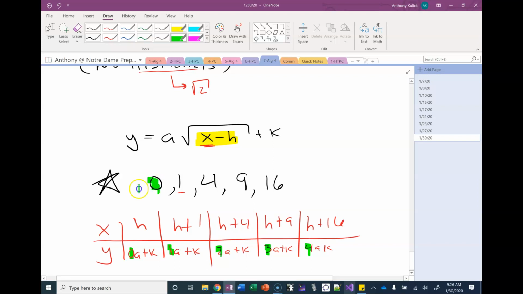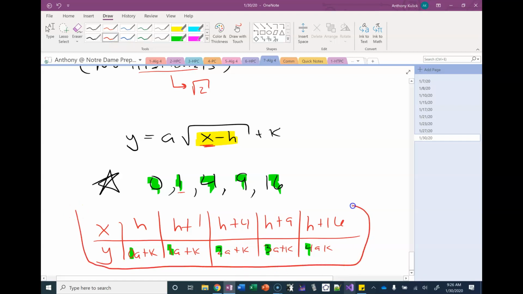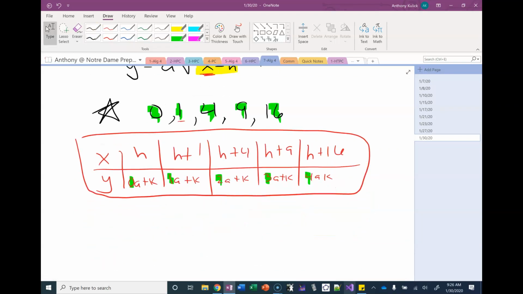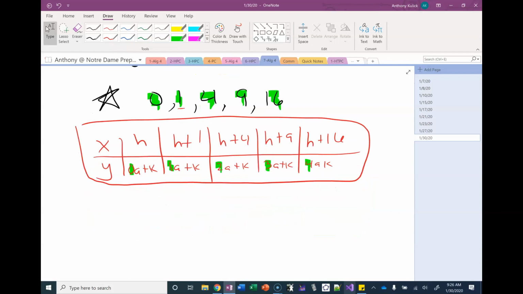They're the square root of 0, the square root of 1, the square root of 4, the square root of 9, and the square root of 16. This is my general rule for how I'm going to choose the points to graph a square root function. This is very important. You definitely want to have this table written down, because this is the rule I'm going to use when graphing square root functions.